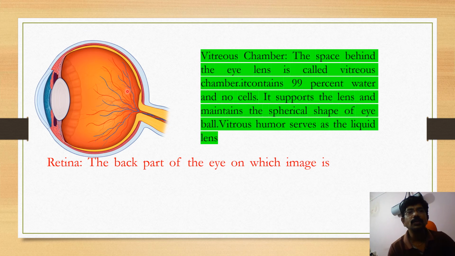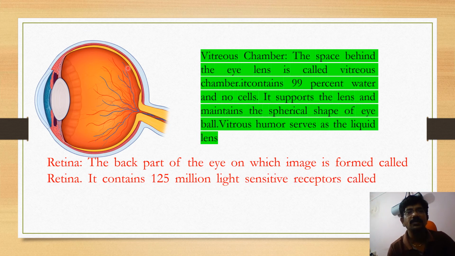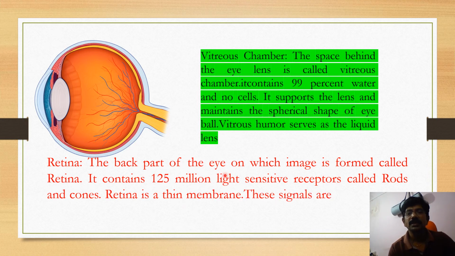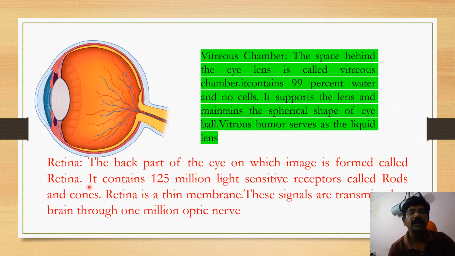Next, come to the back part of the eye. This back part of the eye is known as the retina. The image is formed on the retina. The screen where the final image of the object, after refraction through various parts of the eye, is collected is the retina.